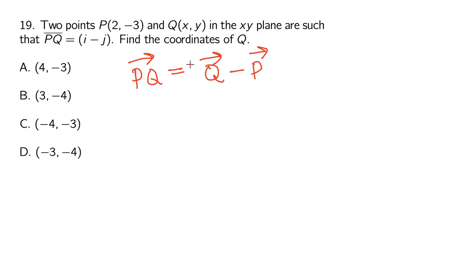By writing it this way, I've actually broken some rules. I really should write OQ and OP, but you get the point.